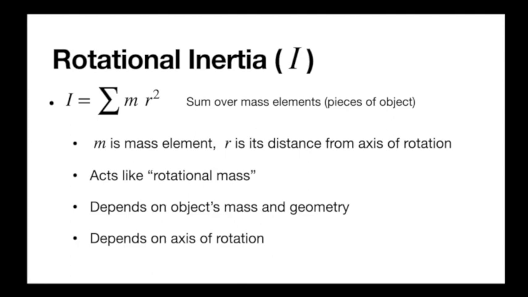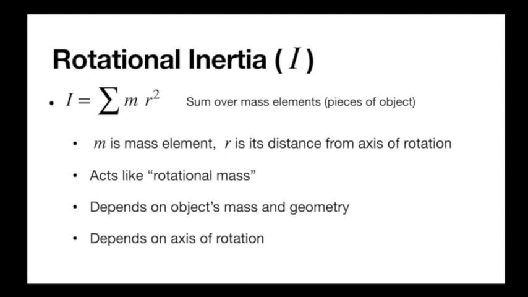All of these individual mass elements, like the atoms in the ball, are going to have larger R values, whereas when the mass is spread throughout, some of it will be at the outside, but some will be much closer to the center with a smaller R, and so have a smaller contribution to the rotational inertia.